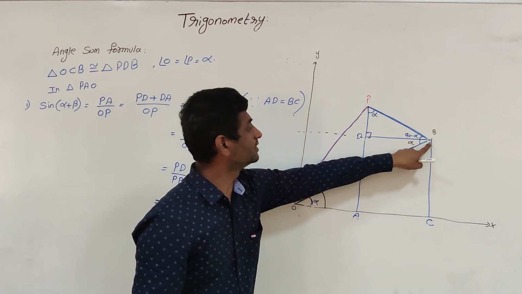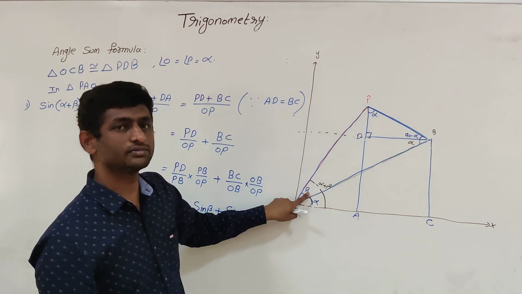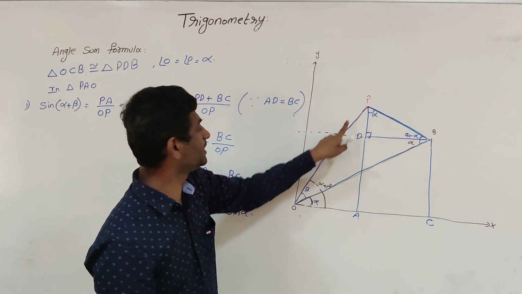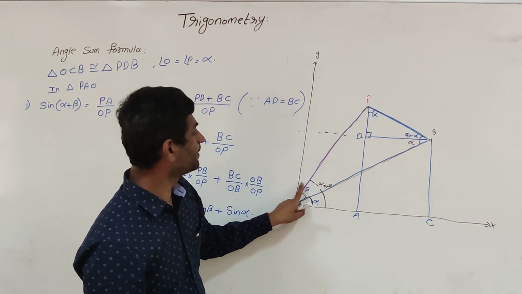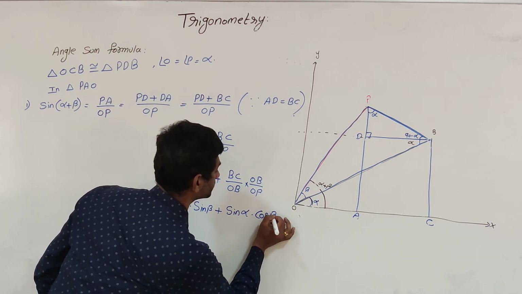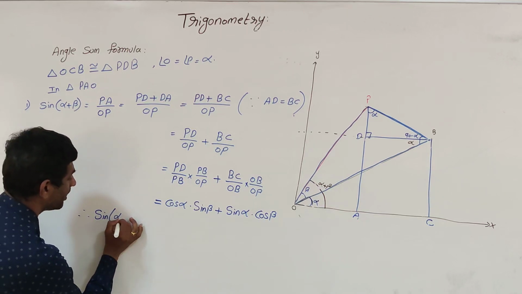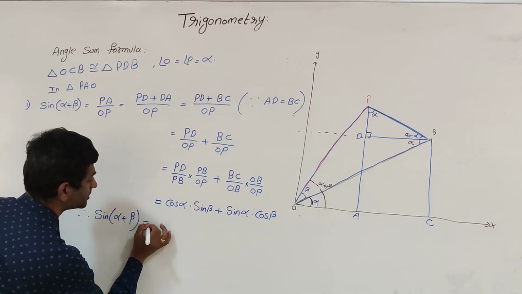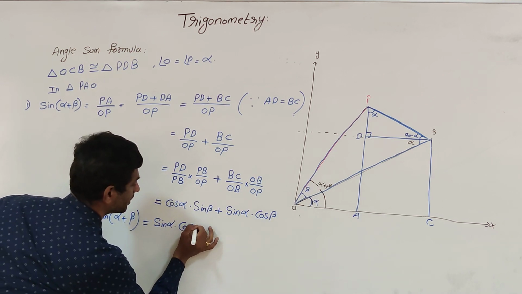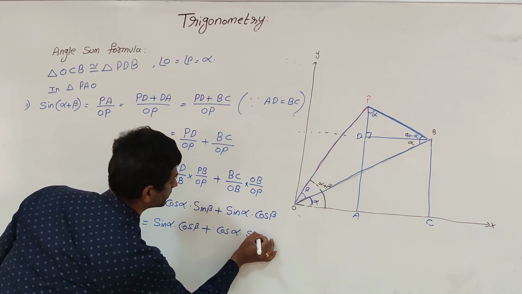OB is the adjacent side for beta and OP is the hypotenuse for beta. Means we can have cos beta. So therefore sin of alpha plus beta is sin alpha into cos beta plus cos alpha into sin beta.